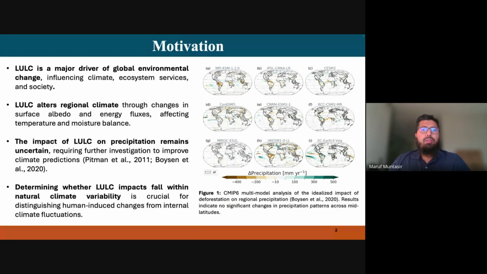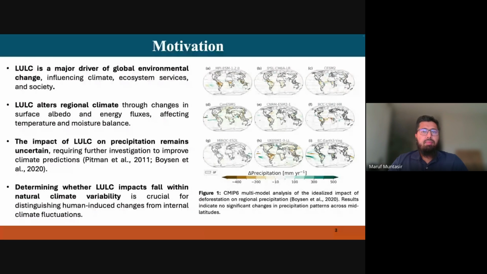From literature, we have found that the impact of LULC on precipitation is uncertain, and it needs further investigation to improve climate predictions.